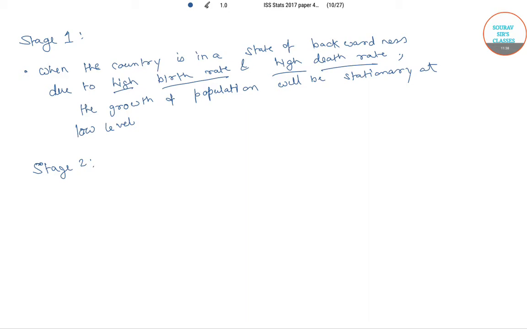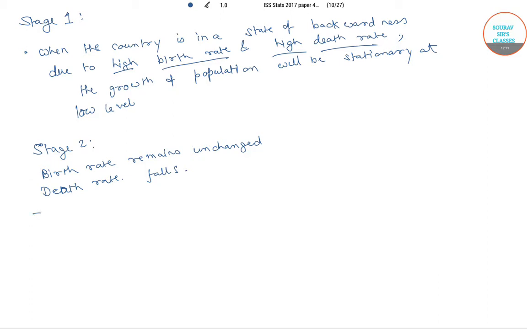So the population will increase at a rapid rate.